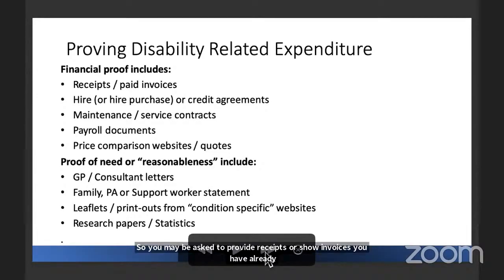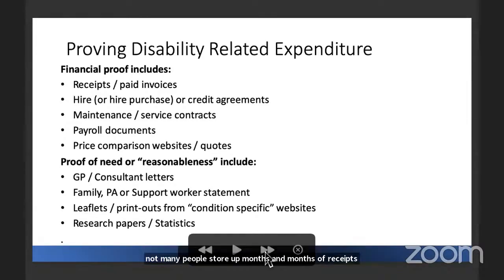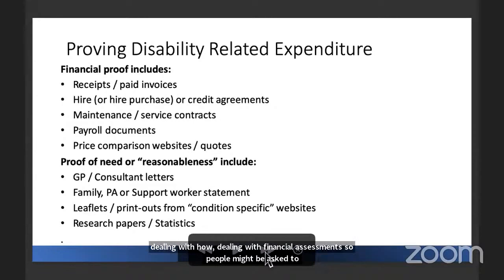This can be very difficult because not many people store up months and months of receipts, and local authorities have a number of different ways of dealing with financial assessments. So people might be asked to pay the full cost and then provide the receipts going forward.